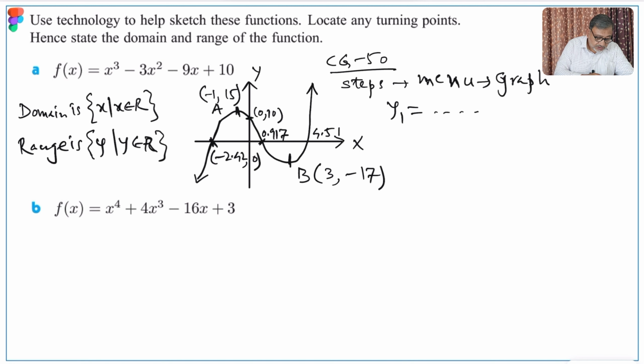This graph again, now I will draw that graph. I'll delete this graph and type the next graph. To the power 4 plus 4x to the power 3 minus 16x plus 3. Okay, I will draw it.